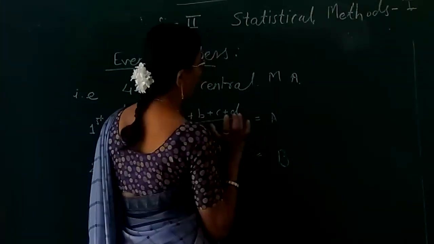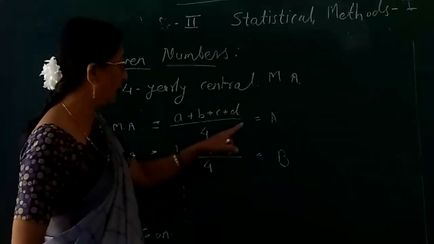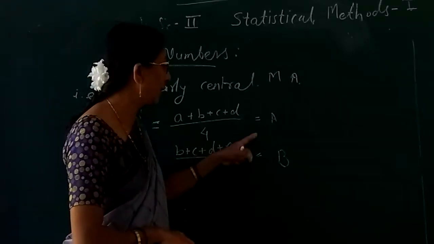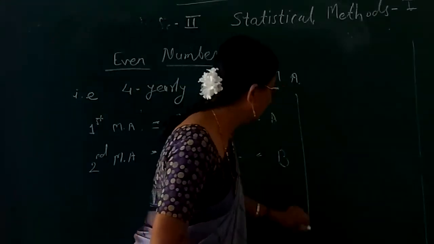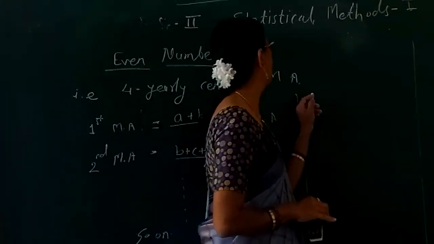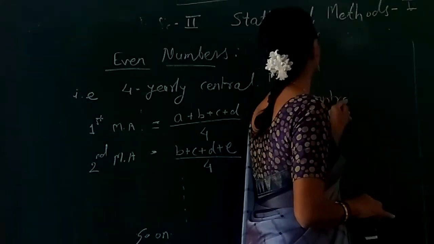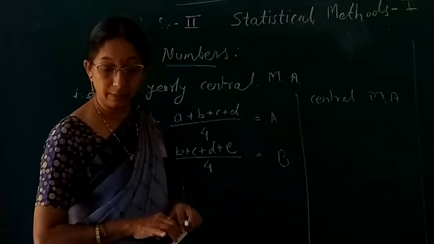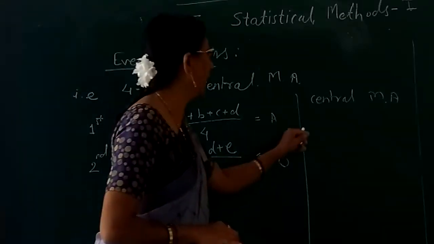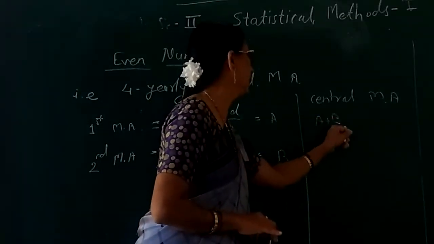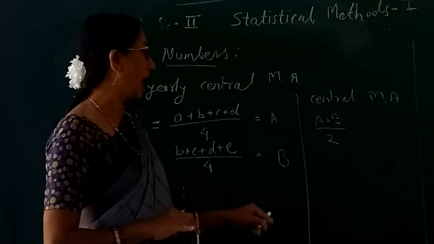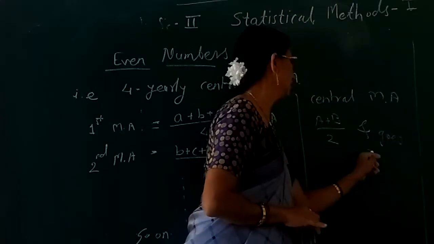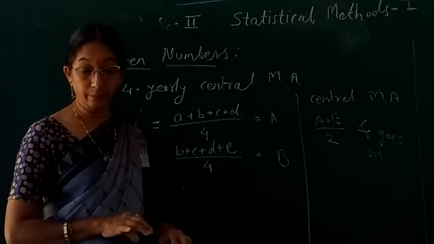So we calculate the average of the next two averages, and this is called the central moving average. That is, A plus B by 2, and this procedure goes on.